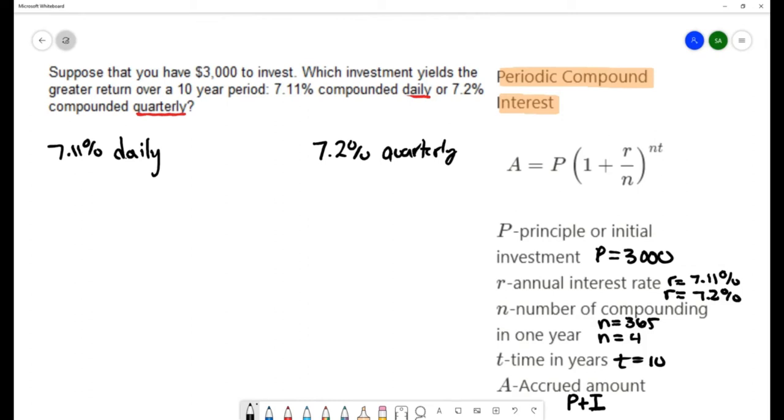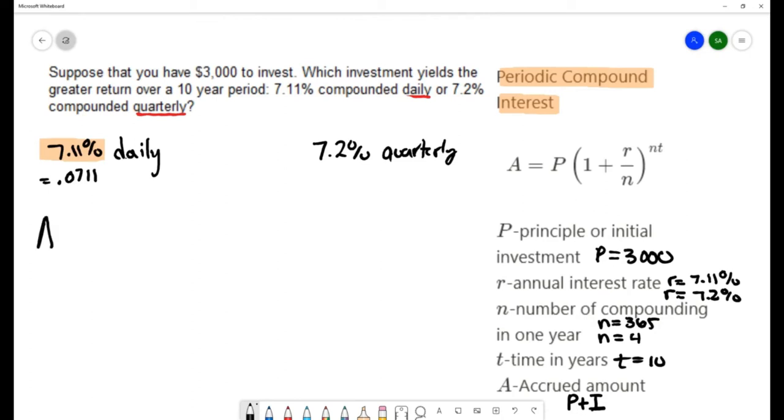So if we solve the formula for 7.11% daily, one thing I forgot to mention earlier is that when we use our percentage, we always turn it into a decimal value. So we're going to write this as 0.0711. So we'll use that in our formula.